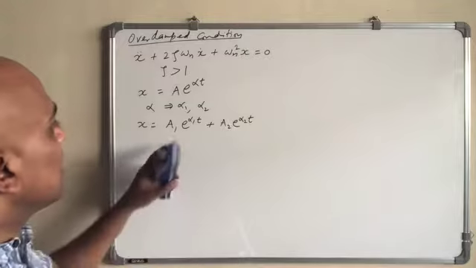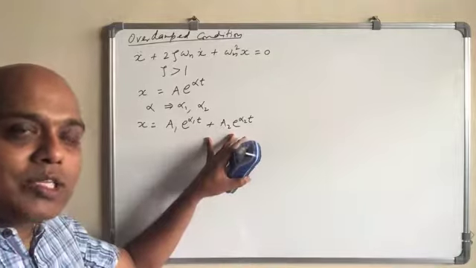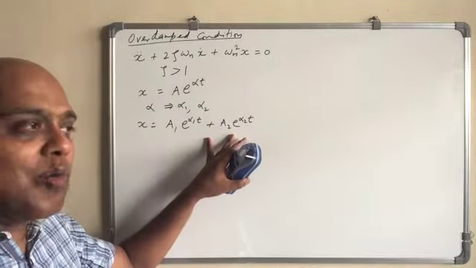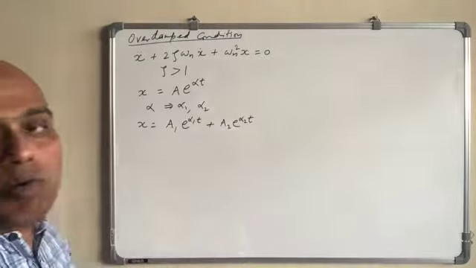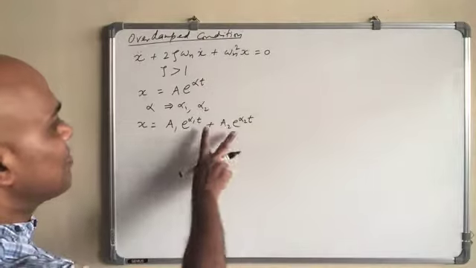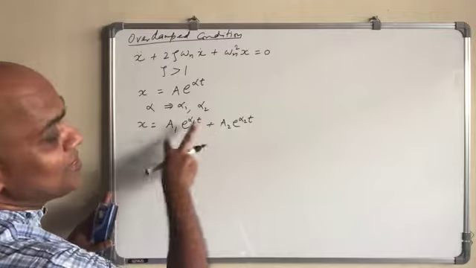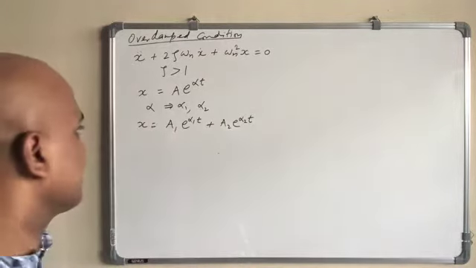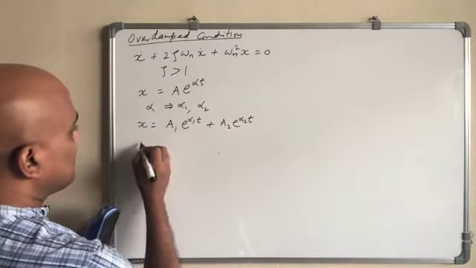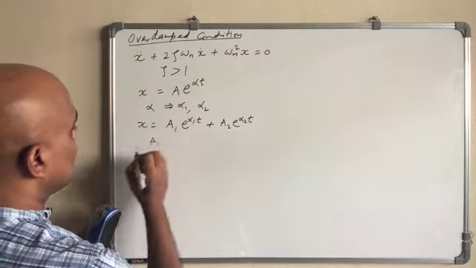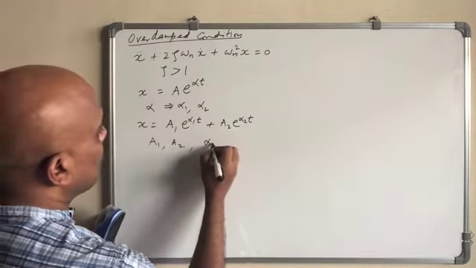Since alpha 1 and alpha 2 are known together, one equation itself gives alpha 1 and alpha 2. And then there are 2 more coefficients, a1 and a2, to find out. So basically you have 3 unknowns: a1, a2, and alpha 1, 2.